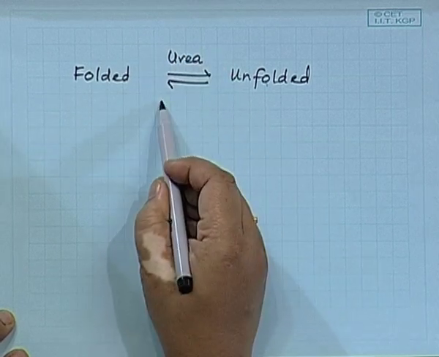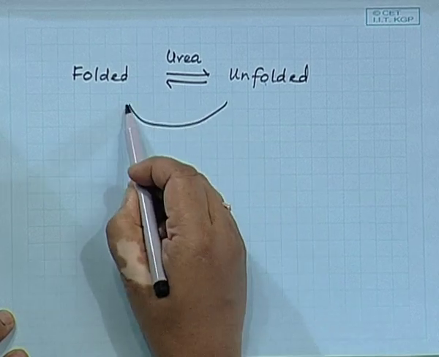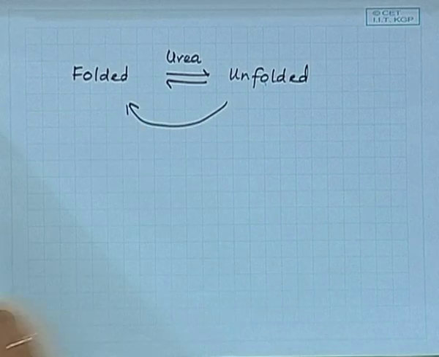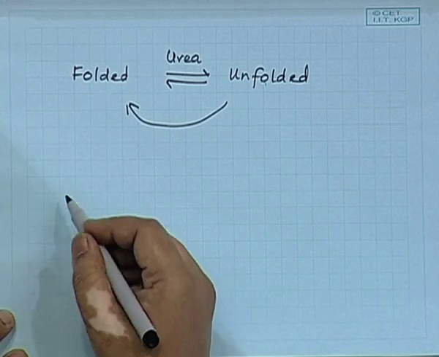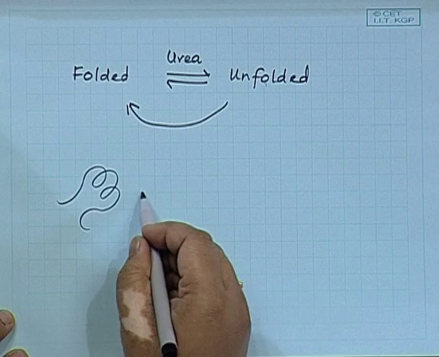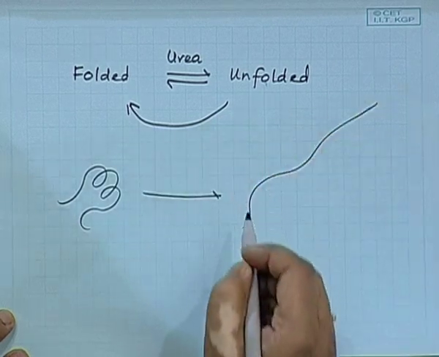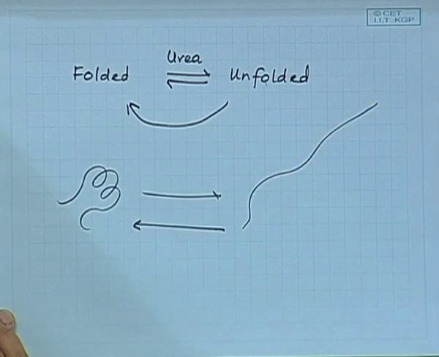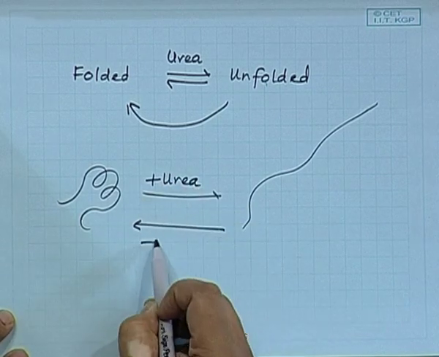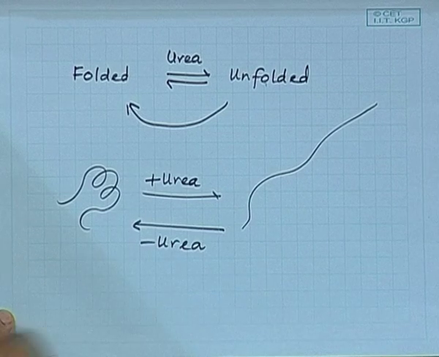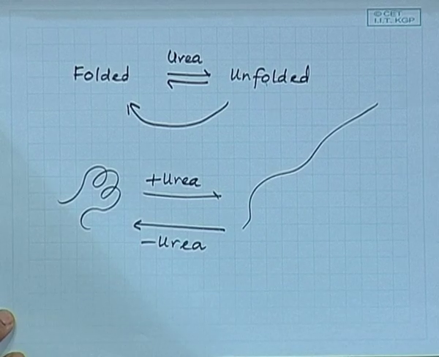What would you have to do? You would have to remove the urea if you want to get back here, and in some cases you can reform the folded protein. So, you are going from your native folded structure to an unfolded structure, and you can reform this back. So, this would be plus urea, minus urea. You could form your folded structure back again.